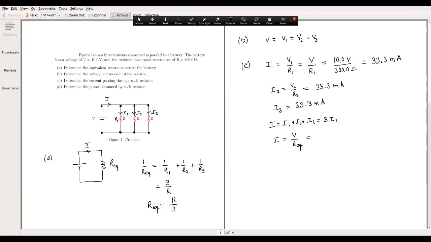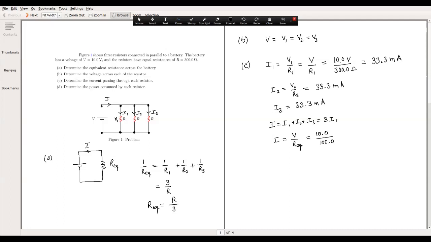That's 10 volts divided by the equivalent resistance, which is R over 3. So that's 300 divided by 3, which is 100 ohms.